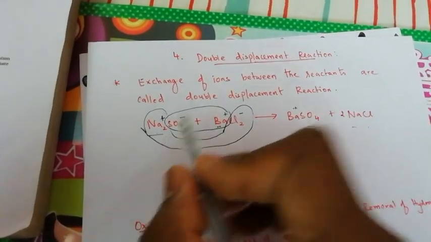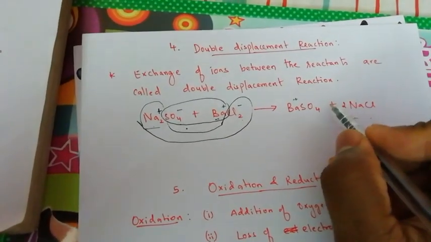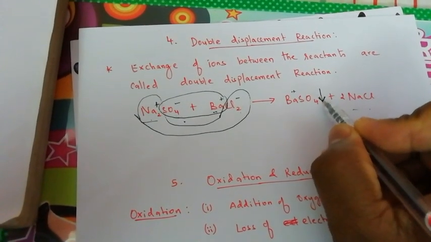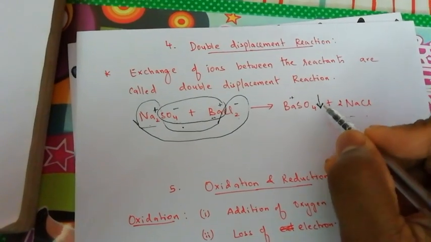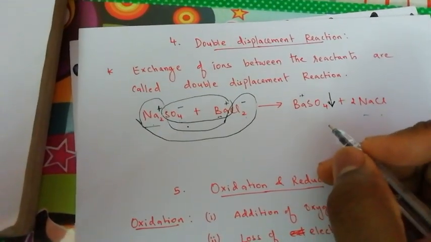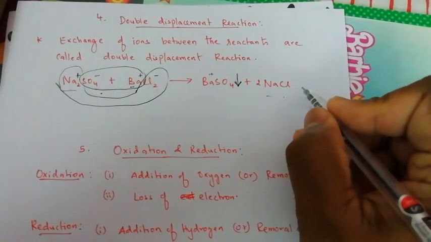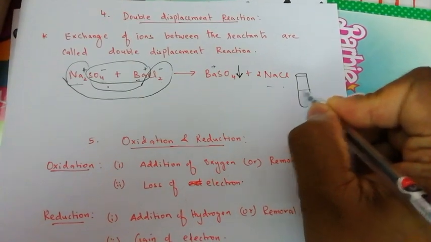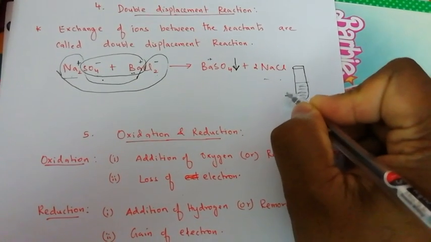right? And in this reaction, you know what happens, barium sulfate is precipitated. You remember this arrow mark, as I told you before in the first video, it means precipitated. What is precipitation? It looks like this. I am going to take one test tube. In this I have taken sodium sulfate.